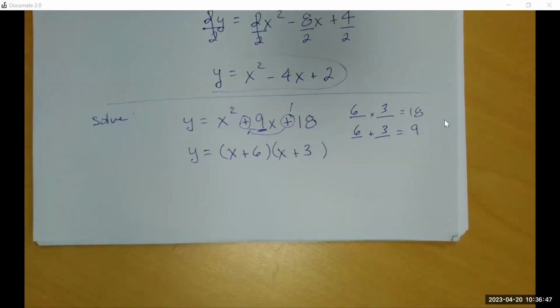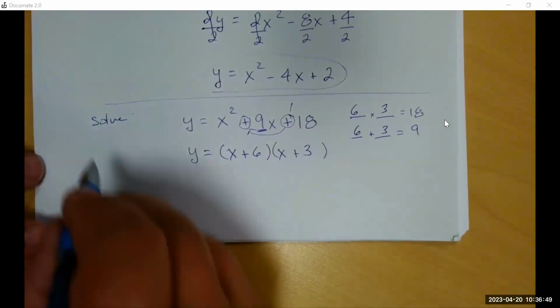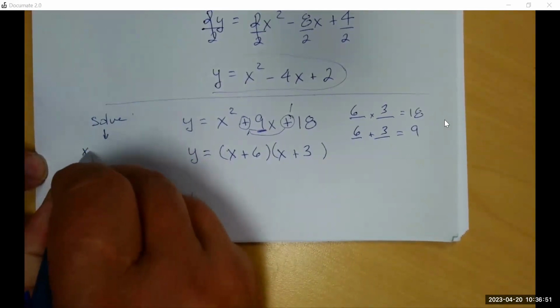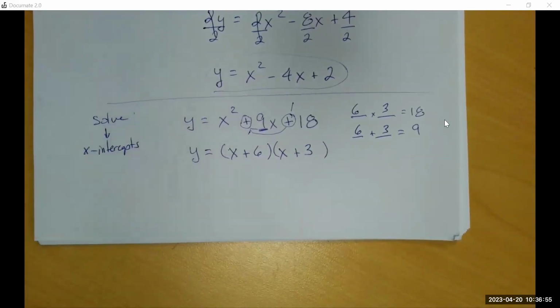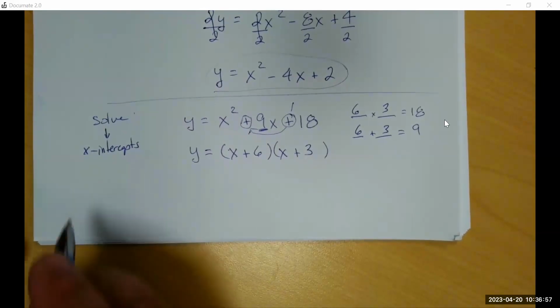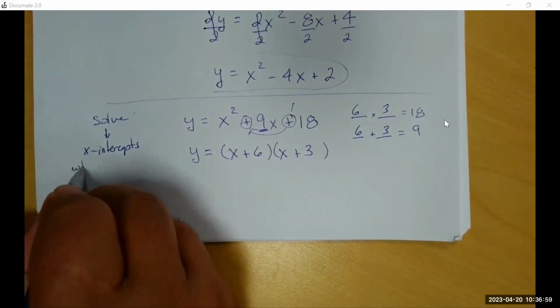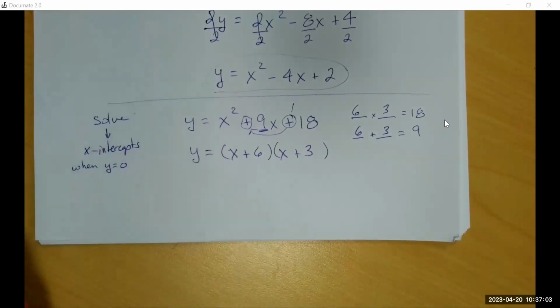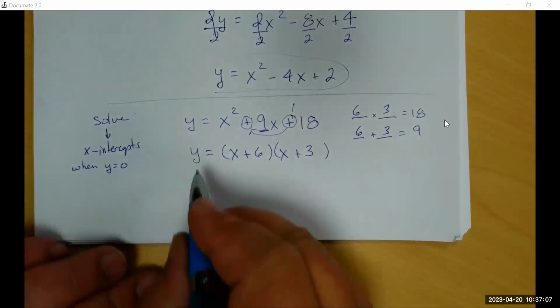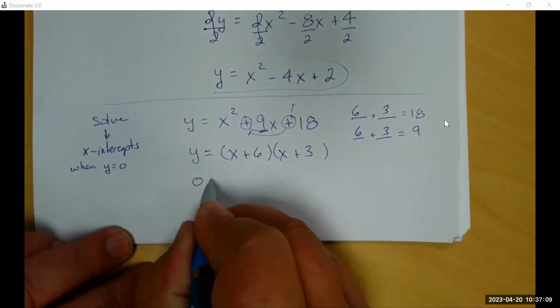So now, when you solve it, remember, the solutions are x-intercepts. X-intercepts occur when y equals 0. So we set the answer equal to 0.